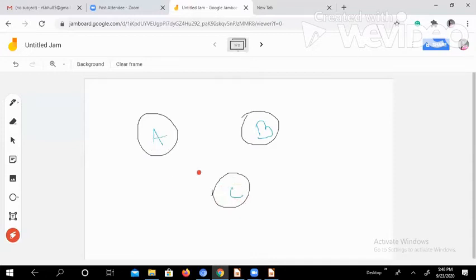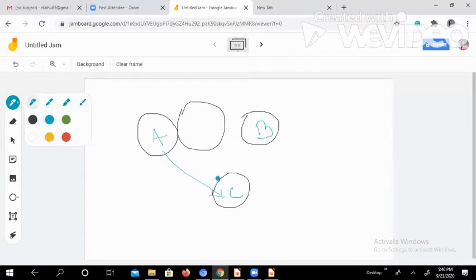Now, if it is so far away, what will happen? Transportation cost will be much more, because this is toy manufacturing, and it will need plastic from this, but the transportation cost will be too much to come from A to C. So C will decide, let me go close to A. If C comes close to A, then there is almost no transportation cost.